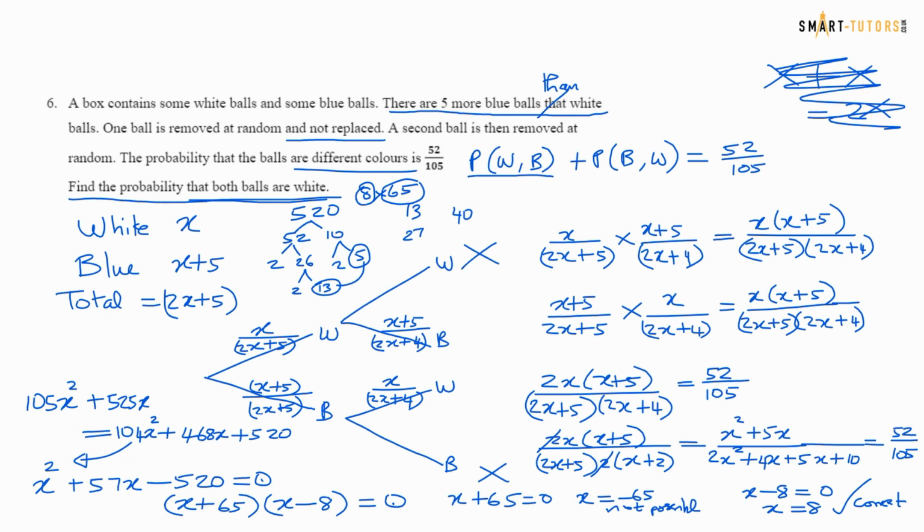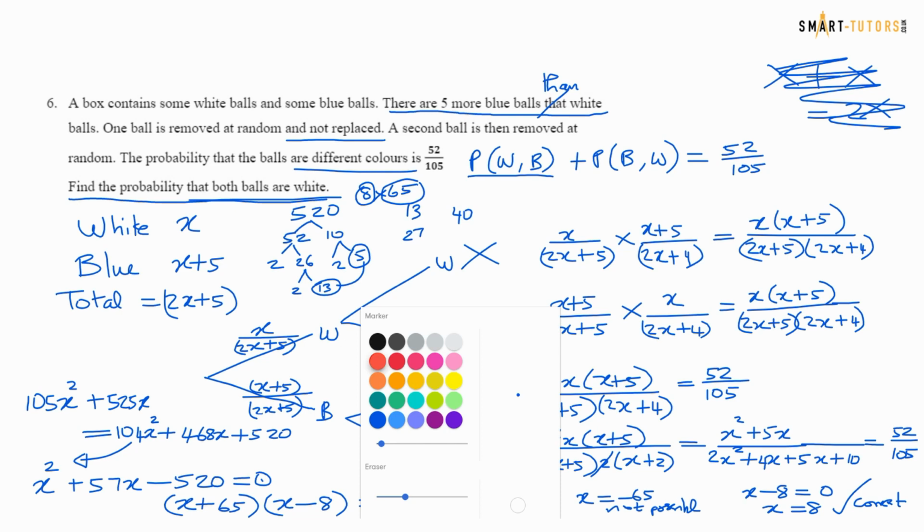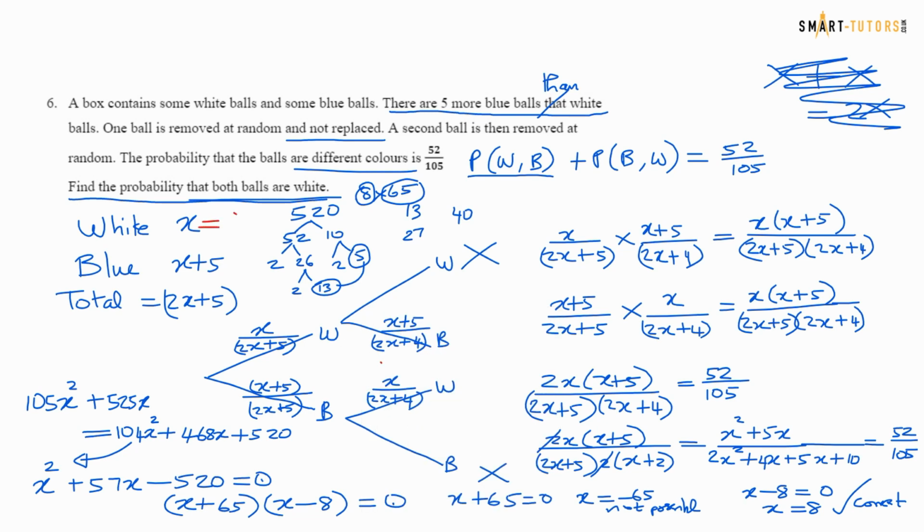So both balls are white means, so now we found, let me change the color to a red color, x equal 8, now this one is 13 and this one is 21. So both balls are W means 8 over 21, this is going to be 7 over 20.